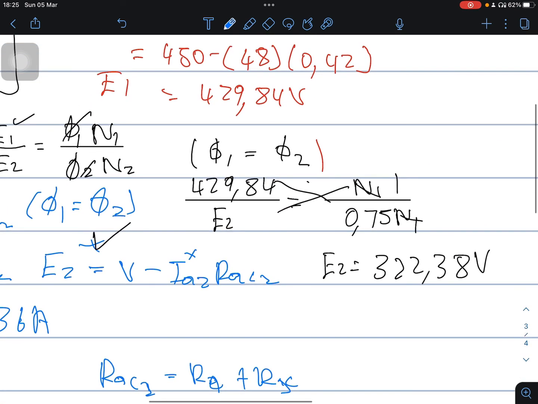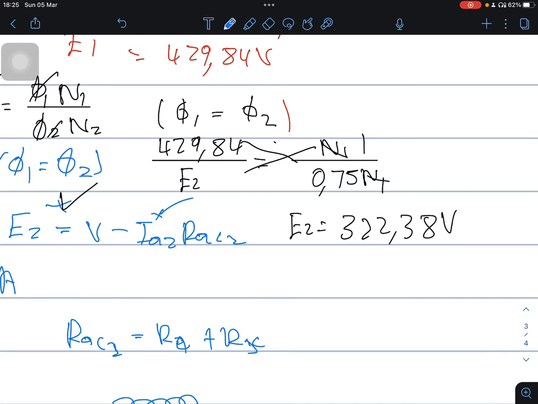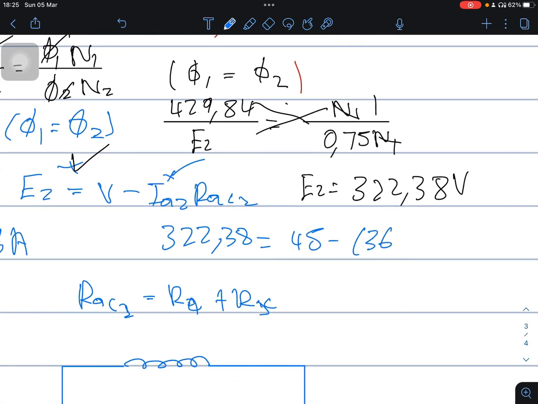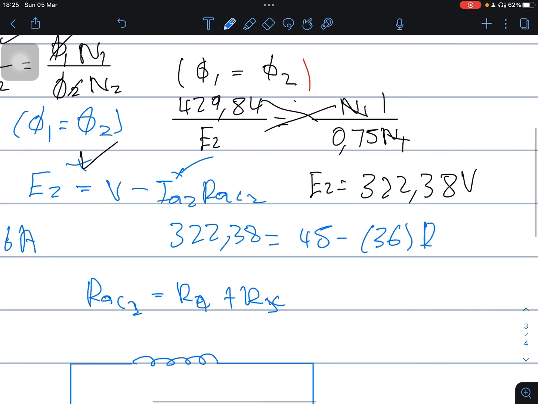So now that we found this, we can find RAC2. E2 is 322.38 equals to 450 minus 36 RAC2.